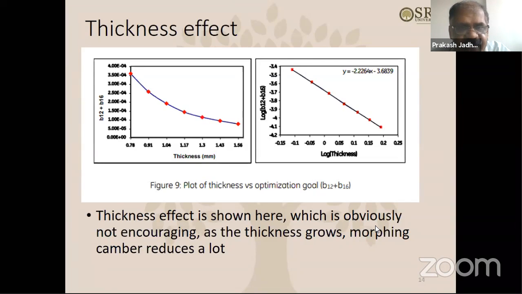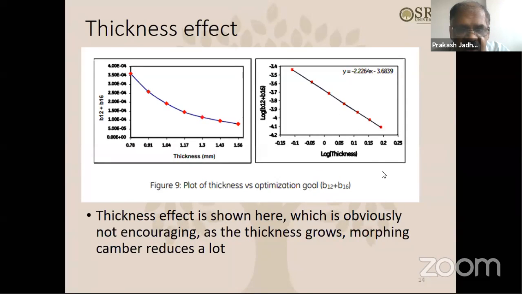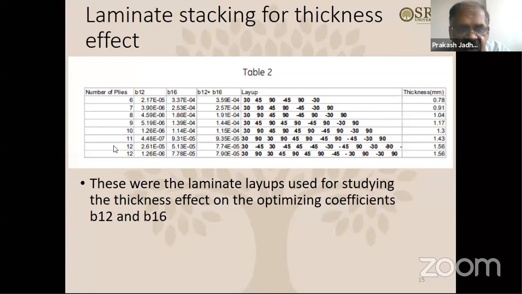So let's see. Yeah, so this was the laminate stacking that was used for the thickness effect. As you can see, we tried to vary the number of plies and change the thickness like this, and then we saw what happens to B12 and B16. That's what's shown here. These cases were done for the panel.